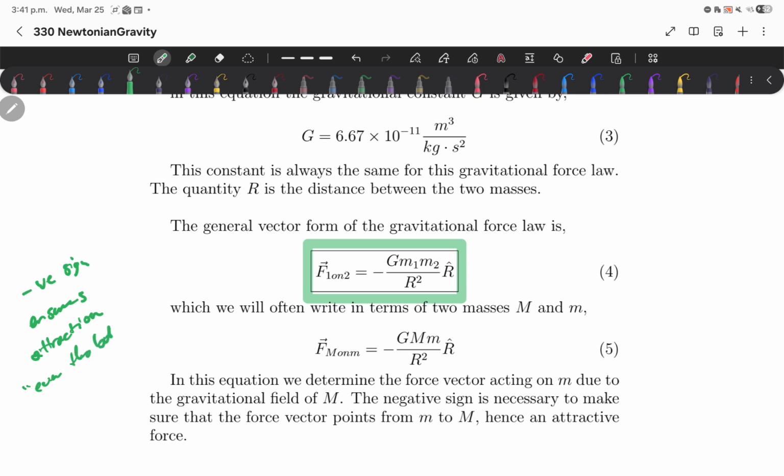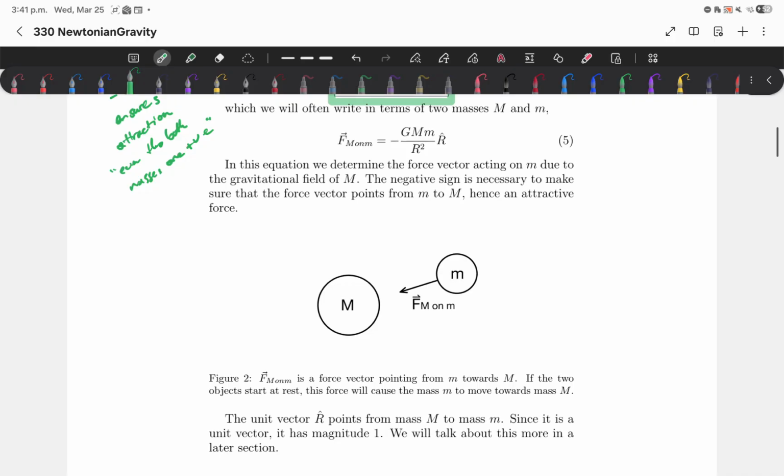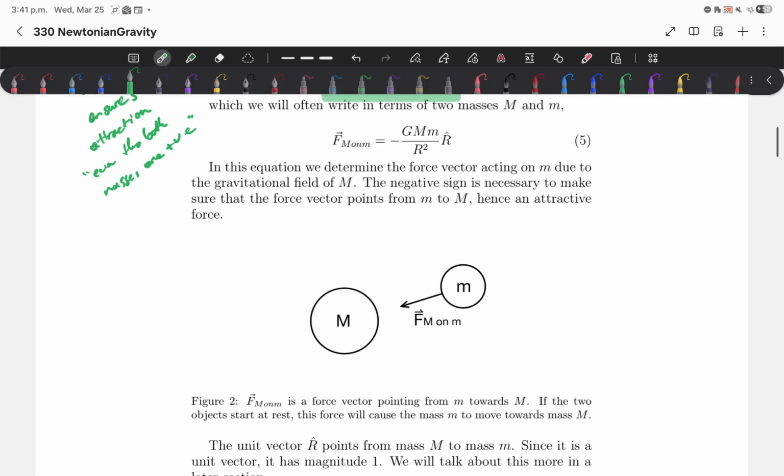In electrostatics, if we have Q1, Q2, one is negative, one's positive, that's where the negative sign comes from. Okay, so here we have to kind of put it into the law itself. We need that negative sign in the Newtonian gravitational force law. So what does this vector look like? Let's say we have two masses here, big M and little m.